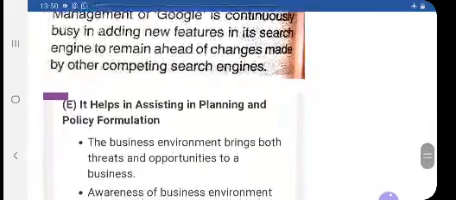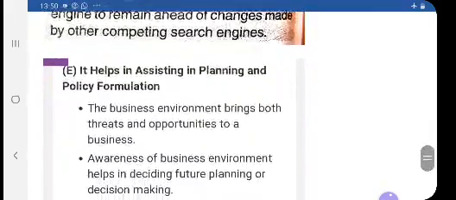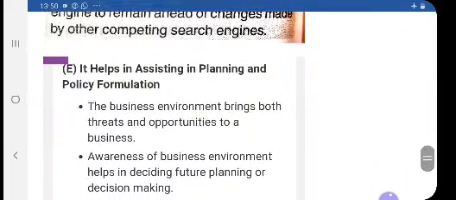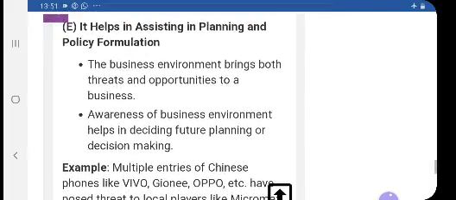And now next is, it helps in assisting planning and policy formulation. Means business environment brings both threat and opportunity. It is a warning signal as well as an opportunity, so awareness of business environment helps in deciding future planning or decision making.